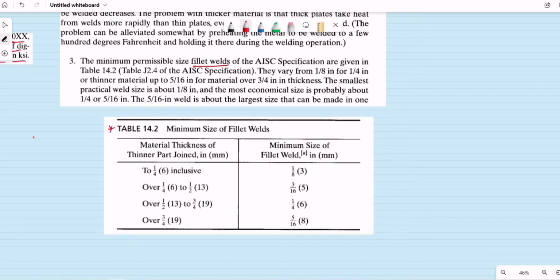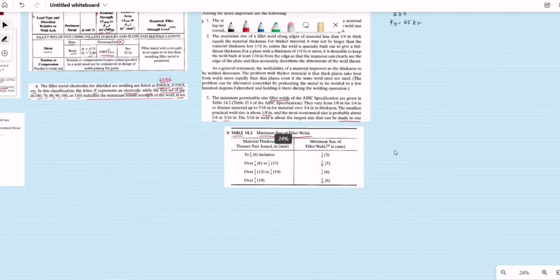The smallest practical weld size is about 1/8 of an inch, and the most economical size is probably about 1/4 or 5/16 of an inch. The 5/16 inch weld is about the largest size that can be made in one pass. So this is our reference for the minimum size of fillet welds. Okay, so this is the introduction to welded connections.